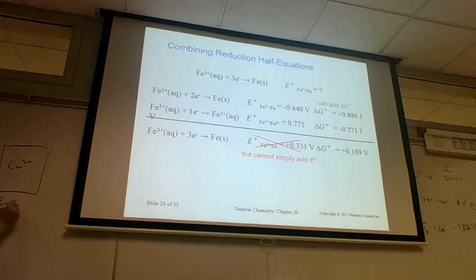If I have 2 gallons of 1 molar copper 2+, does that double my voltage? Is E naught going to equal plus 0.68 volts? No. Surprisingly, it's going to be plus 0.34 volts. Why? Because it's the same concentration.